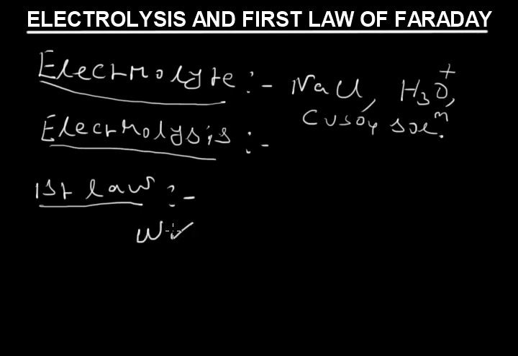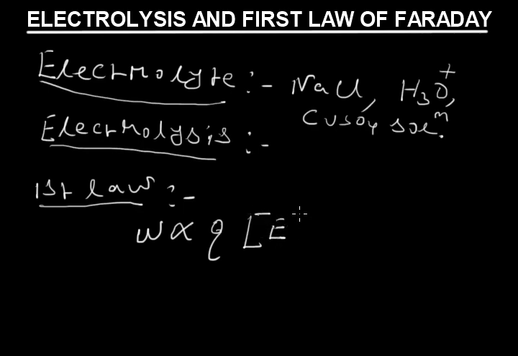If W is the amount of substance deposited at the electrode and Q is the amount of electricity passed, then W is proportional to Q. This is the first law of electrolysis.